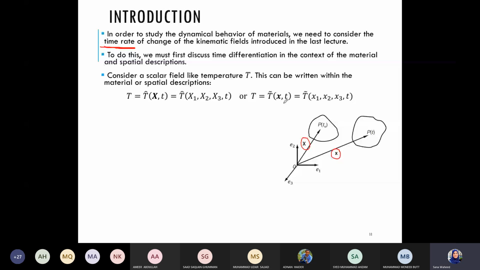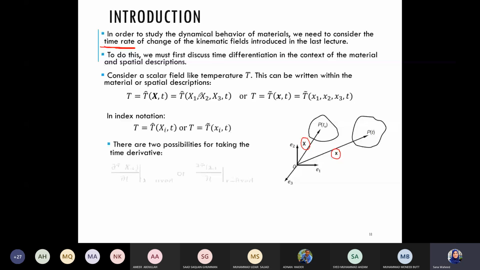Now comes the interesting part, which is that if I want to find their time derivative, or rate of change, then of course I can find the time derivative of either of these. Either I could find it in the material description or in the spatial description.